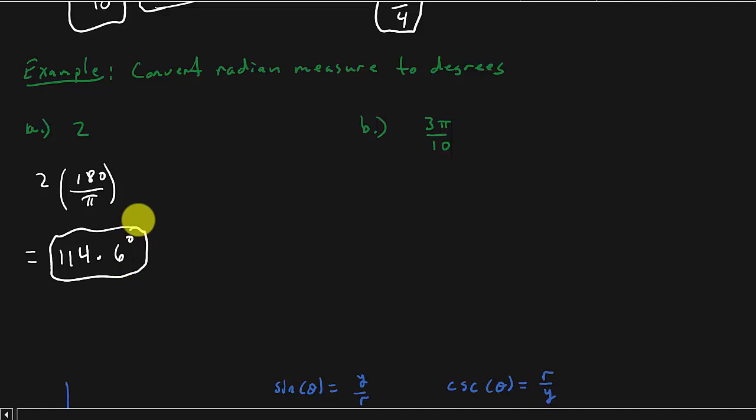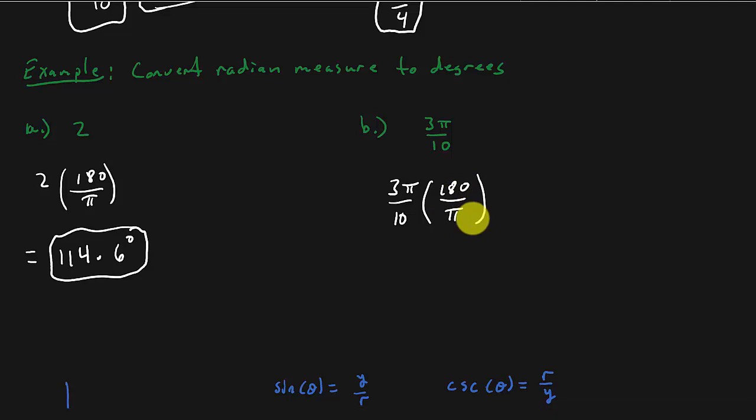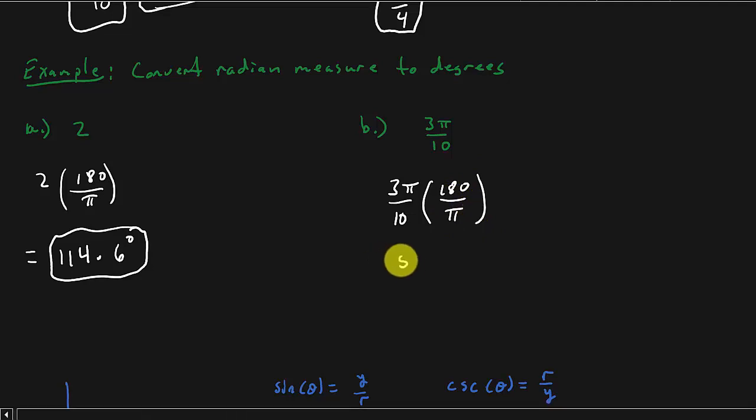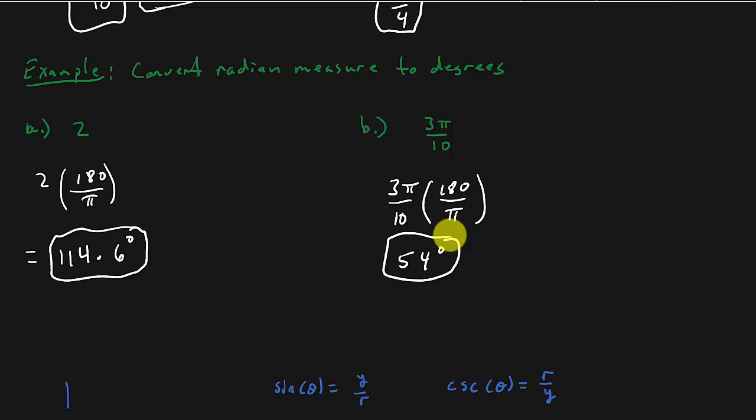Okay. And then the 3 pi over 10 times 180 over pi. So 3 times 180, divide that by 10, and that's going to be 54 degrees. All right. So hopefully all of it's coming back to you.